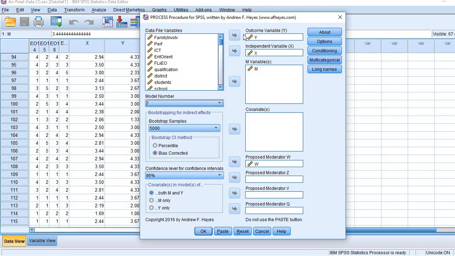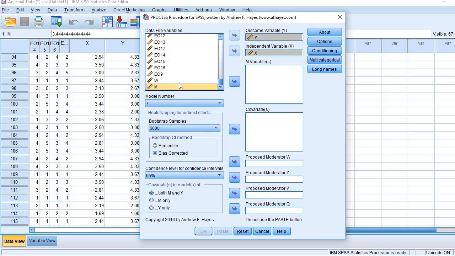Then here you have to select the variables. The first box is for the dependent variable. Let me take them all back, then bring them here. This one is the outcome variable, so outcome is variable y. Second is the independent variable x.